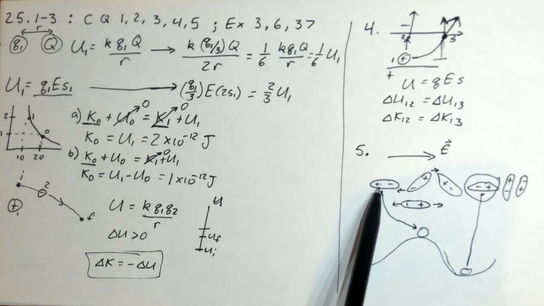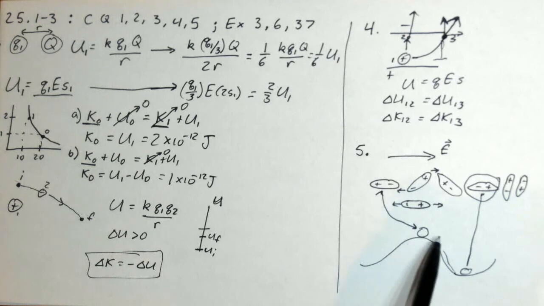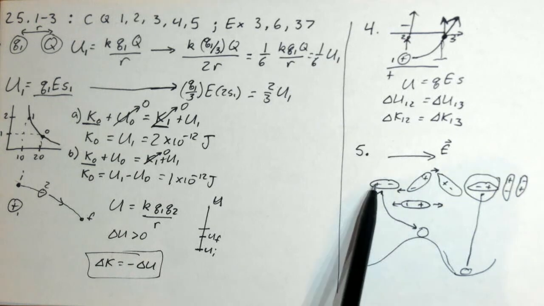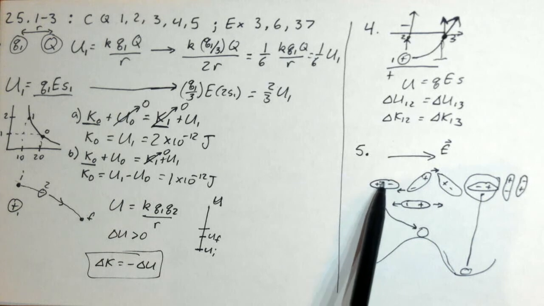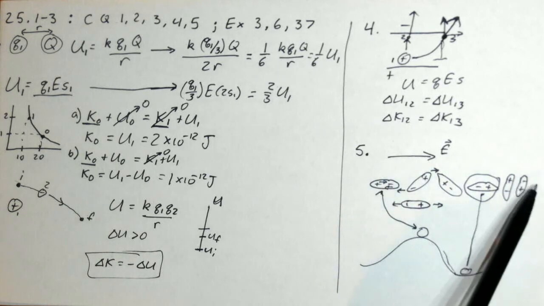Now this one, it's intriguing. In order for that to flip, it needs to be kicked. It's unstable, but it's in equilibrium. In order for that to move, it has to be given a slight kick in either direction. Same thing here. The force on this one is this way, and the force on this one is to the left, but they're exactly opposite each other. But if you slightly move this at some angle, suddenly it can flip around. Now these other ones are simpler.